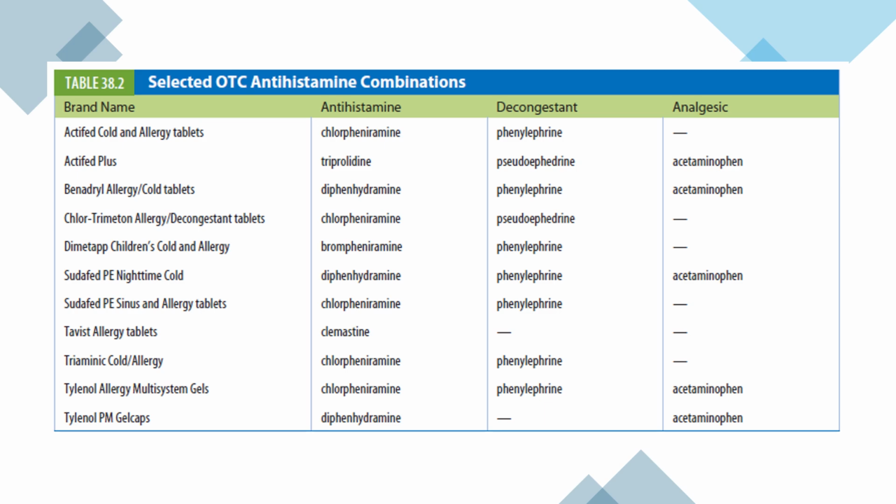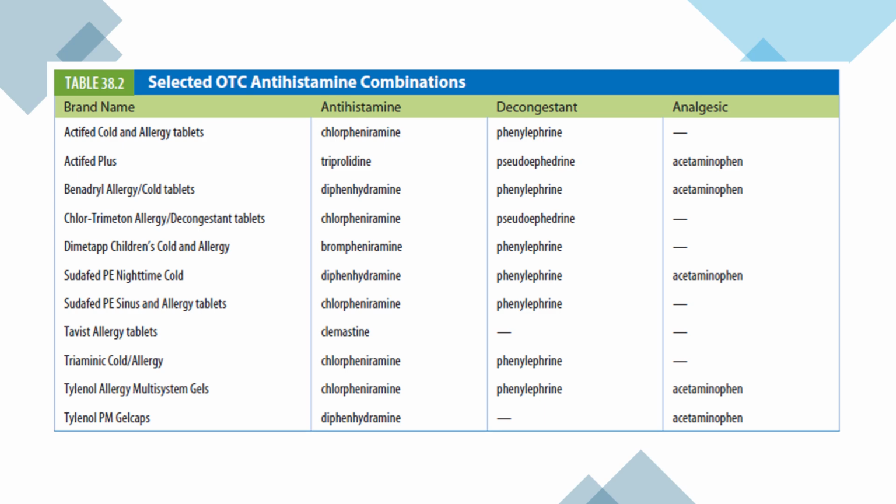We also have combinations of different medications together with your antihistamine, such as the combination of antihistamine, decongestants, and analgesics, wherein different brands such as Benadryl allergy and cold tablets will have diphenhydramine, phenylephrine, and acetaminophen.